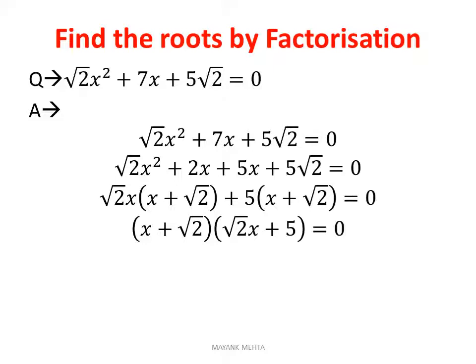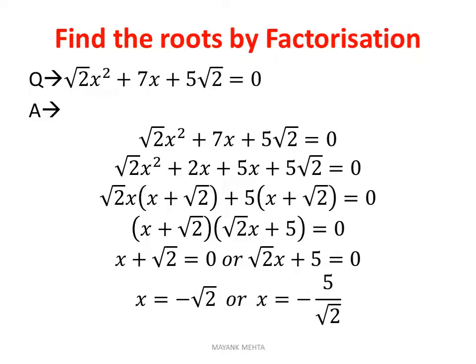So you take the whole polynomial equal to 0. Now you know that in mathematics the product of two numbers is 0 when either of them is 0. That means either x plus root 2 is 0 or root 2x plus 5 is 0. So the value of x is either minus root 2 or minus 5 by root 2. This is your answer.